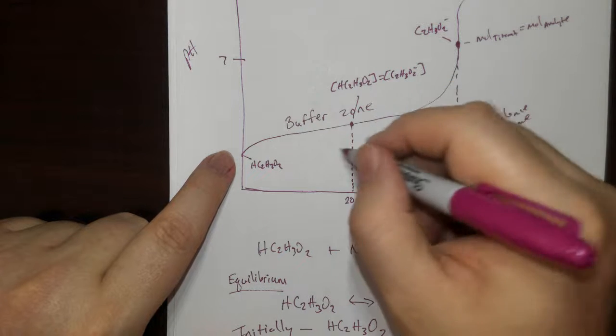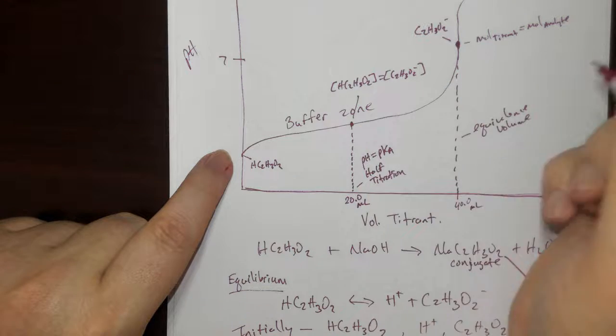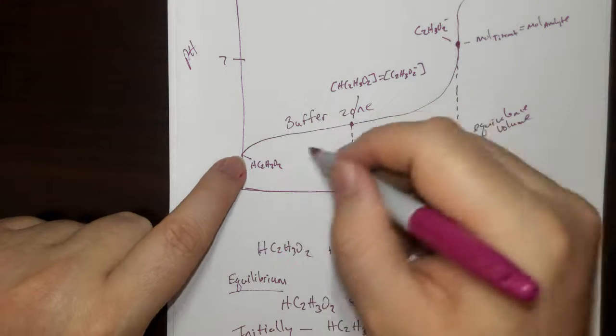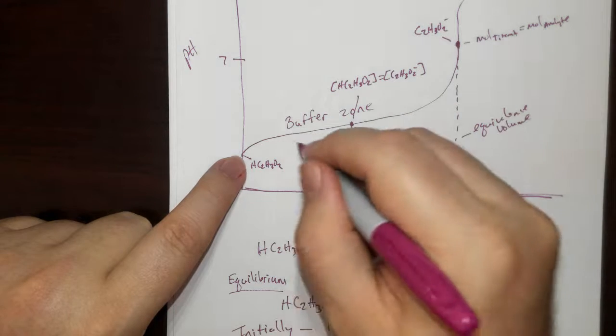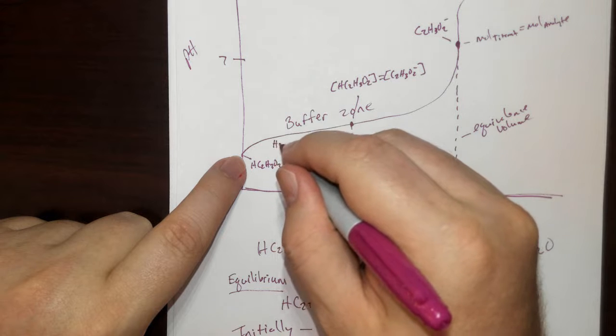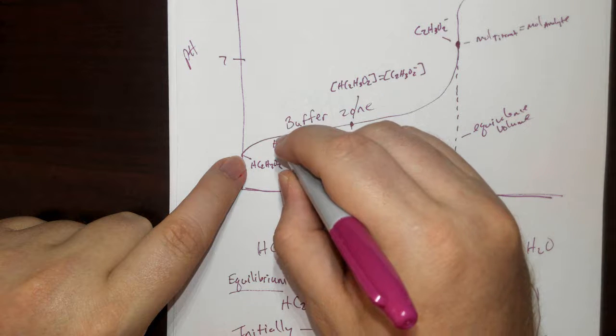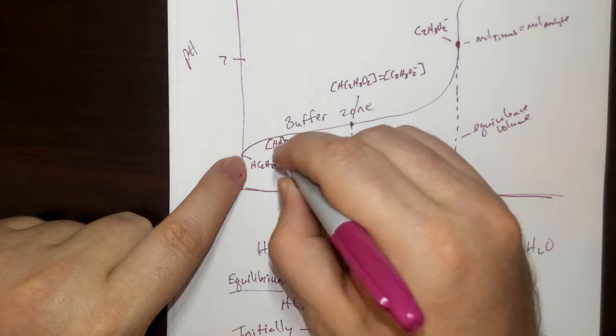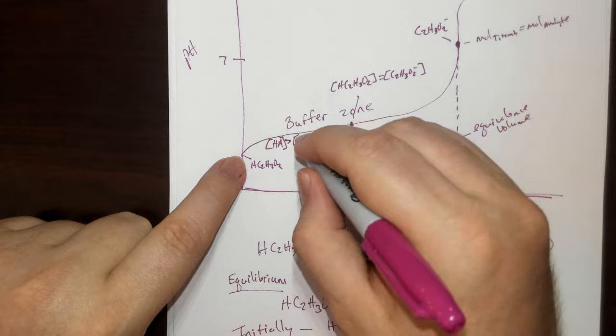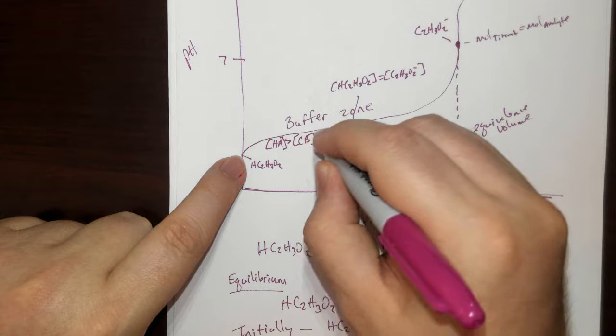So if you are before the half titration, any point before, your acetic acid, I'm just going to put HA here, will be greater than the concentration of your conjugate base.